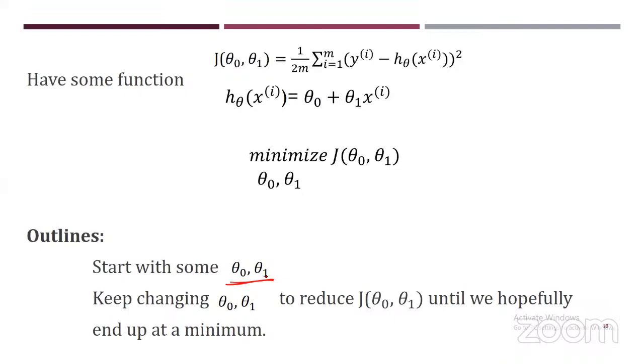And over a number of iterations, you are going to adjust the value of your theta naught and theta 1, again based upon your current position. At the first phase, you will be starting with some random location, because initially we don't know what the correct position should be. But over time, we will be doing the adjustment based upon my current position, whether it is an increment or a decrement.